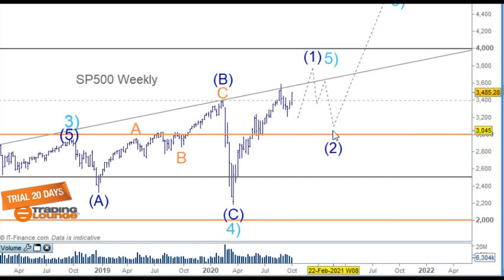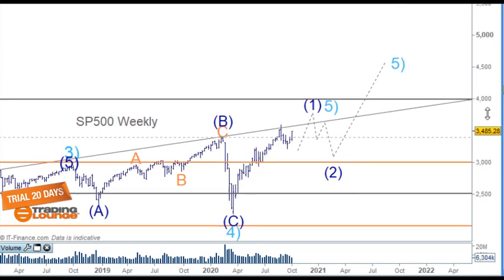What I don't know, and this is something that I need to start having a look around at other markets to see, is that I've got this as wave 1 here and pulling back for wave 2. Now that may not be the case. It may be that we've got wave 5 sitting here, from wave 4 to wave 5, and being completed at that point.